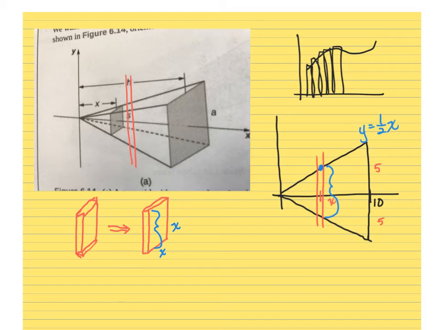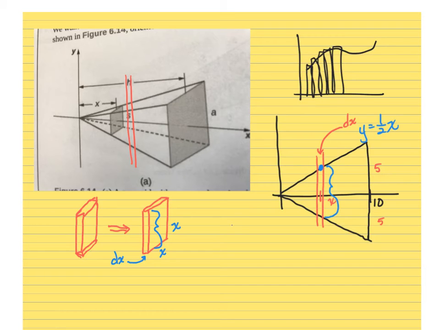Now, the other thing that we're going to do here is, when we make this slice, we're going to call that thickness dx. It's just a little tiny bit of x. That's kind of what the dx stands for. And so if I use that fact, then I have my third dimension of my slice as dx. So the volume of this slice that I've been working on can be found simply by multiplying the three dimensions.